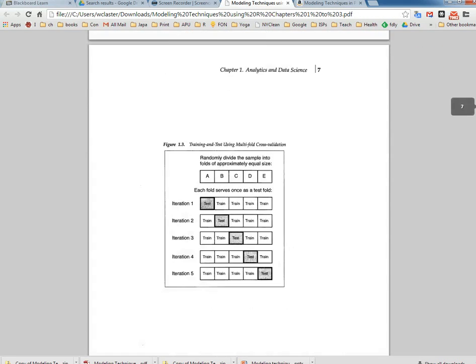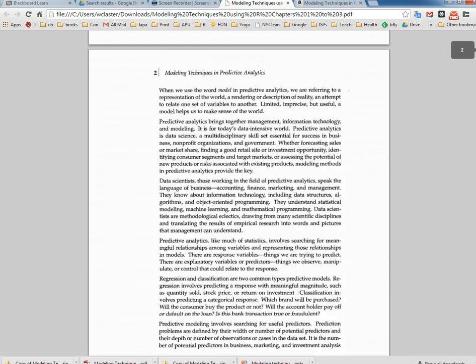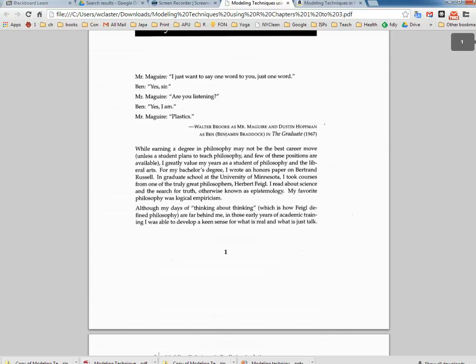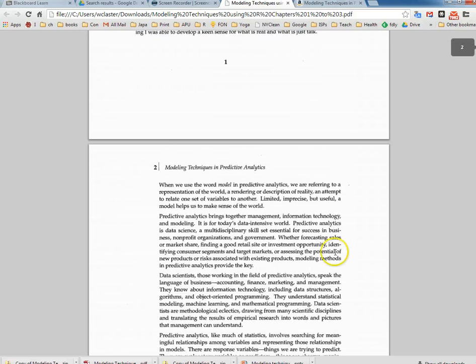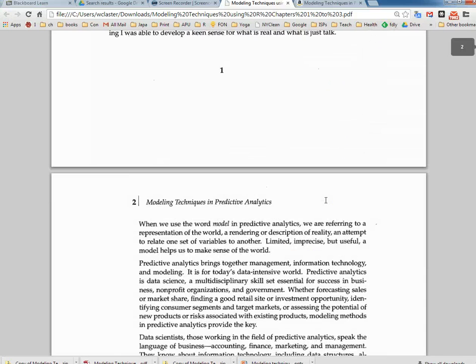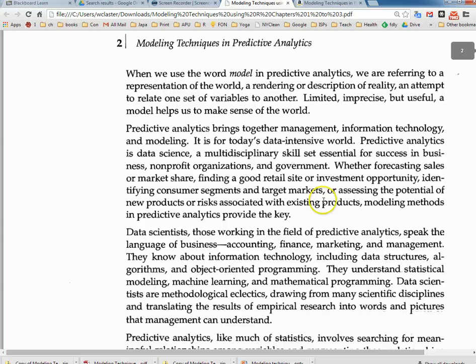So chapter 1 is a kind of introductory chapter, and this chapter is called Analytics and Data Science. And he says predictive analytics brings together management, information, technology, and modeling.